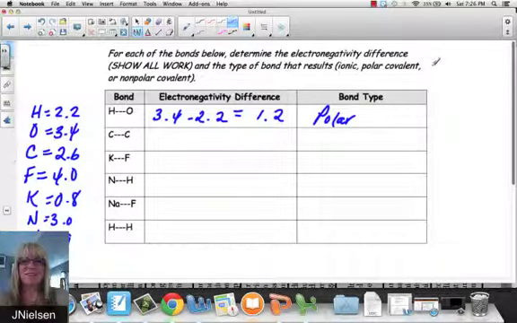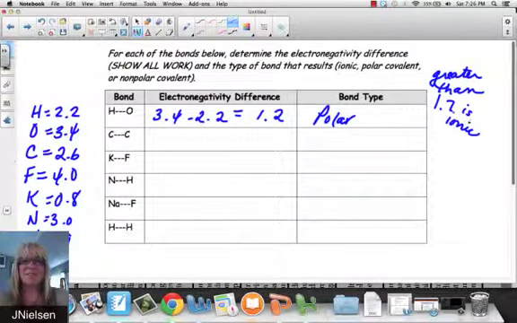Remember, greater than 1.7 is ionic. So CC, it's going to be 2.6 minus 2.6, which is going to be 0, which is going to be nonpolar.